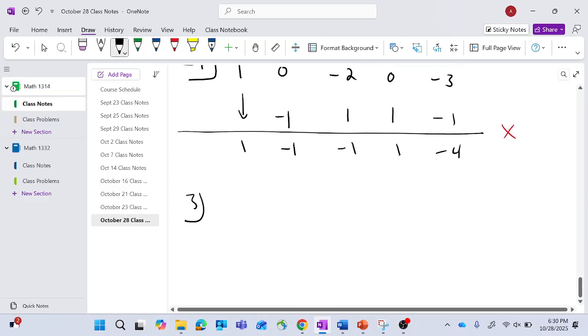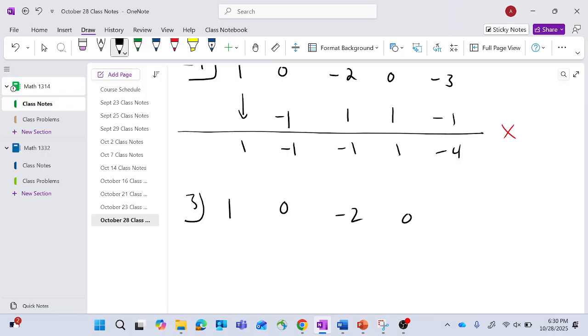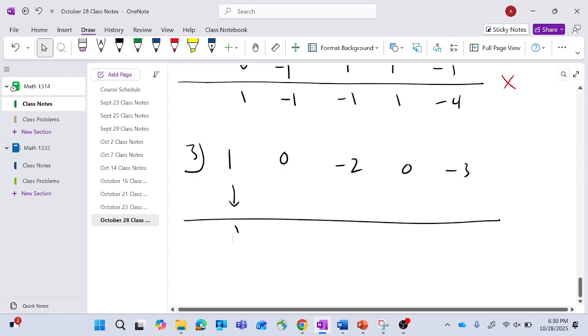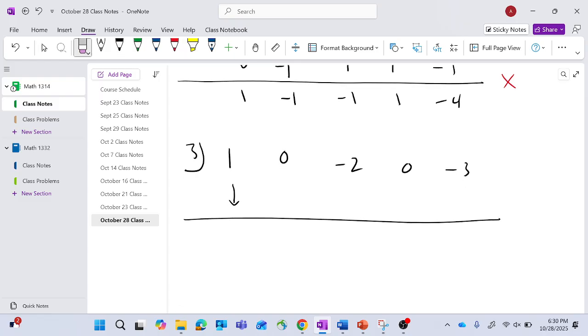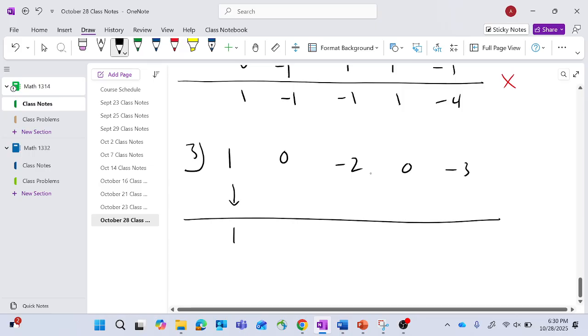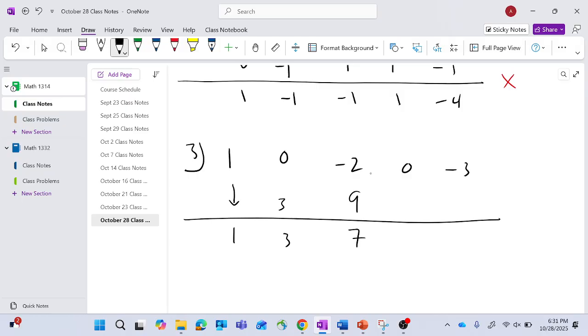So we're going to try 3 now with coefficients of 1, 0, negative 2, 0, and negative 3. Bring down the 1. 3 times 1 is 3. Add going down is 3. 3 times 3 is 9. Add going down is 7.